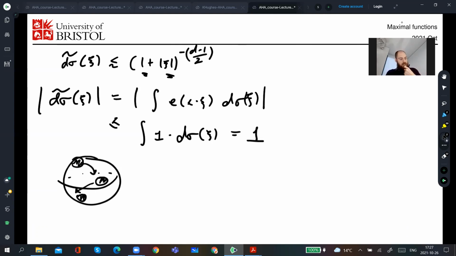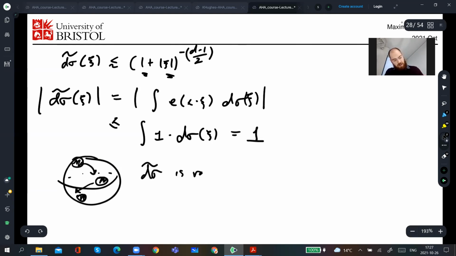Okay, that turns out to mean that the Fourier transform is also rotationally invariant. So in particular, we actually can say that d sigma hat is rotation invariant. So that is actually equal to just d sigma hat of the absolute value of c.